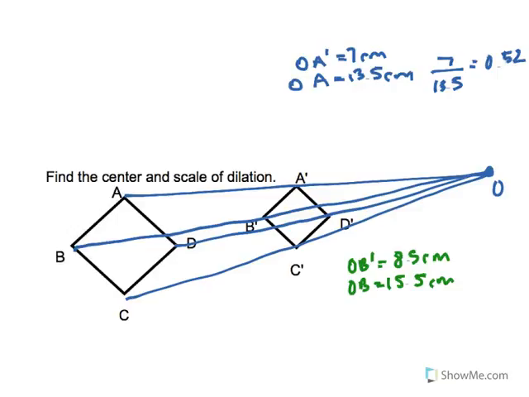Okay. Now let's do the C's. Measure the distance from the center to C prime, and we get 7.5.